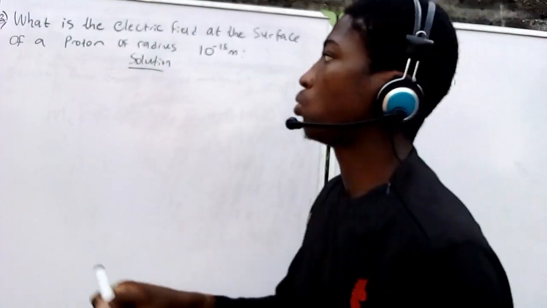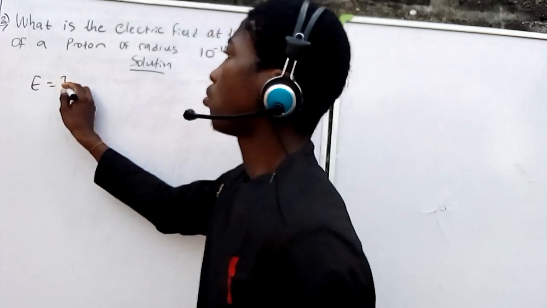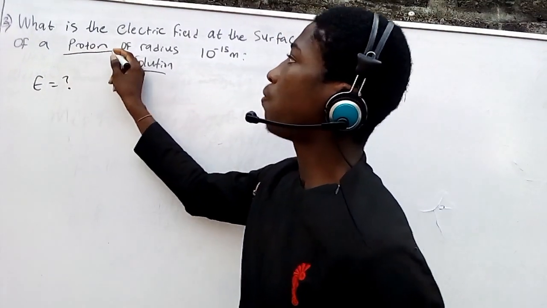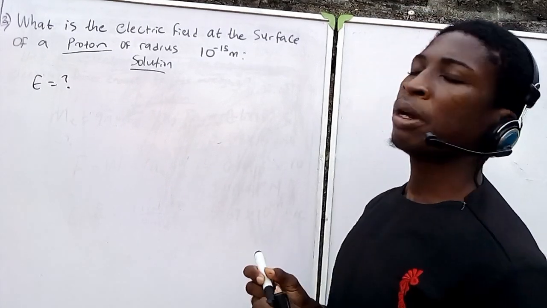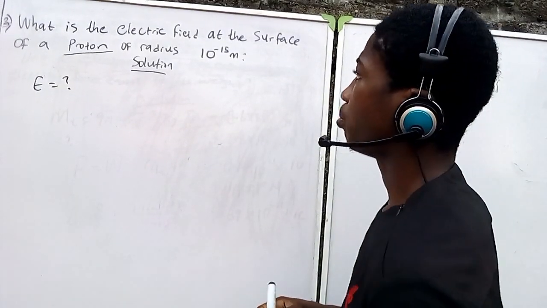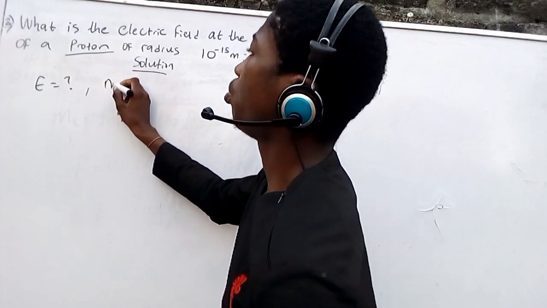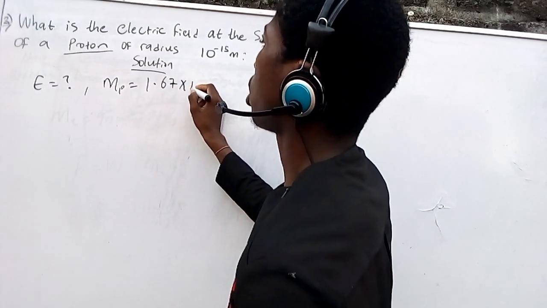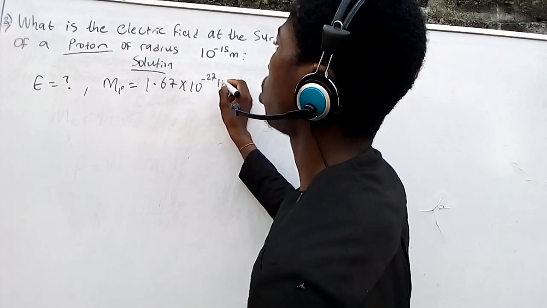Now, what's the electric field? So, the electric field, what I'm finding, is at the surface of a proton, a specified particle. A proton, very simple. I know that the mass of the proton is 1.67 times 10 to the power negative 27 kilogram.